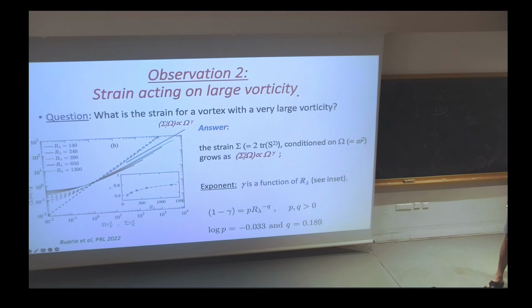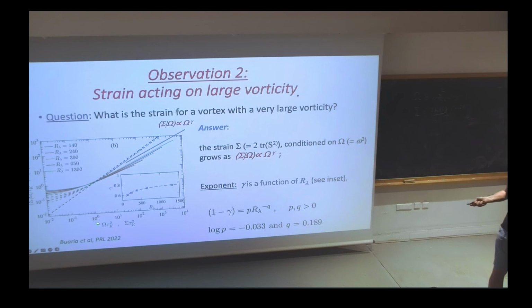So that's good. But in a way it's descriptive, right? Well, it's descriptive one way or the other. The other observation that I would like to show you is that you may ask, what is the strain acting on vorticity? If you think of one of my first transparencies, where I was telling you there is this amplification by strain, it is not a bad idea to ask yourself what will be the strain acting on a large vorticity.